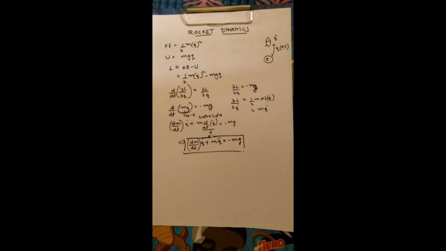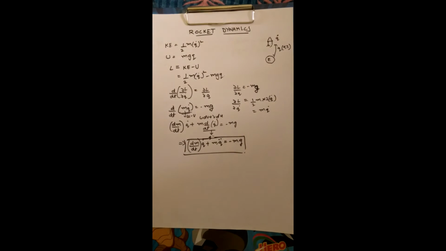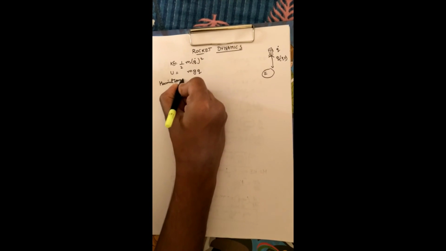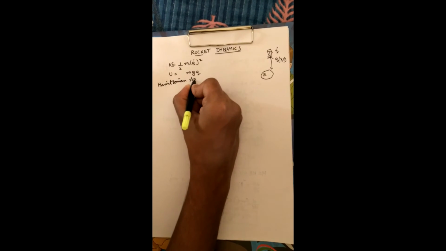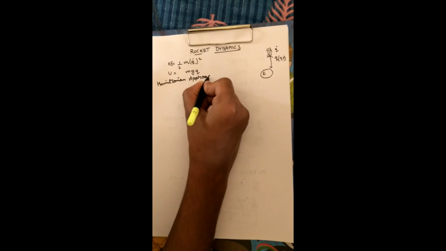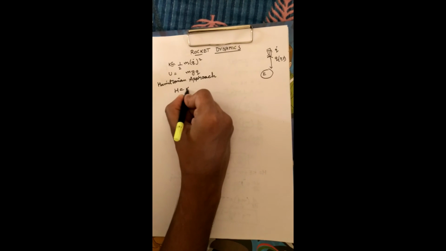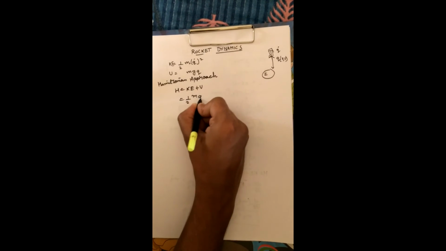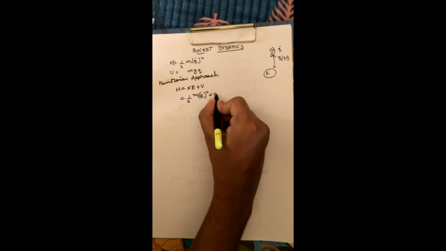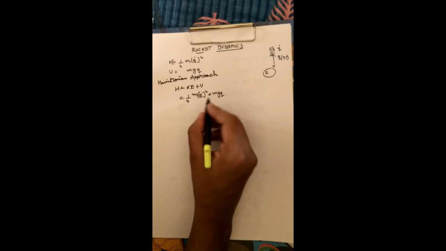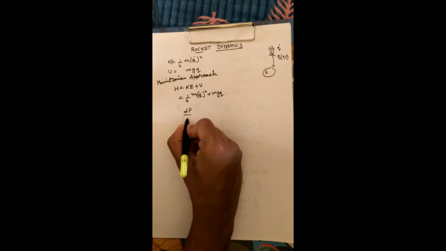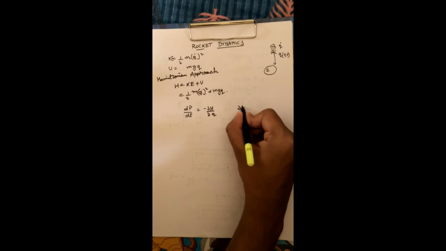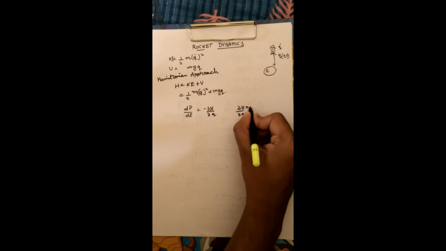Now we will see it with respect to the Hamiltonian approach. By the definition of Hamiltonian, it is the summation of kinetic energy and potential energy, which in this case is half m q dot whole square plus mgq. We know by Hamiltonian equation that dp by dt is equal to minus dou H by dou q. Dou H by dou q is nothing but mg.